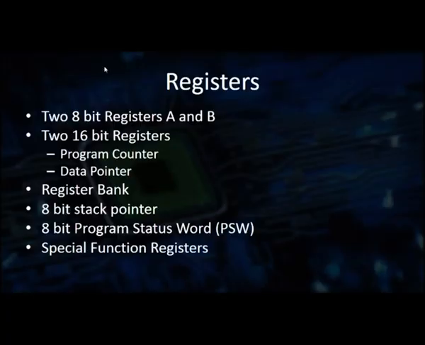So, totally, based on the banks, we have 32 8-bit registers which are used for general purpose. For initializing the data, we can store the data like that. Then we have an 8-bit stack pointer, an 8-bit program status word and 7 special function registers.